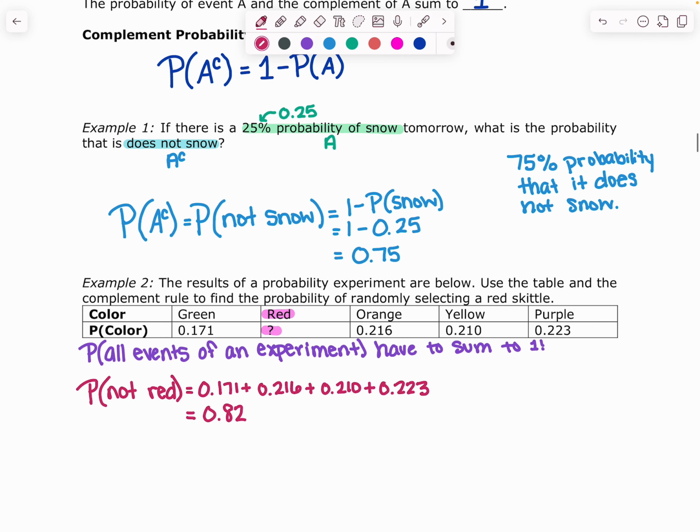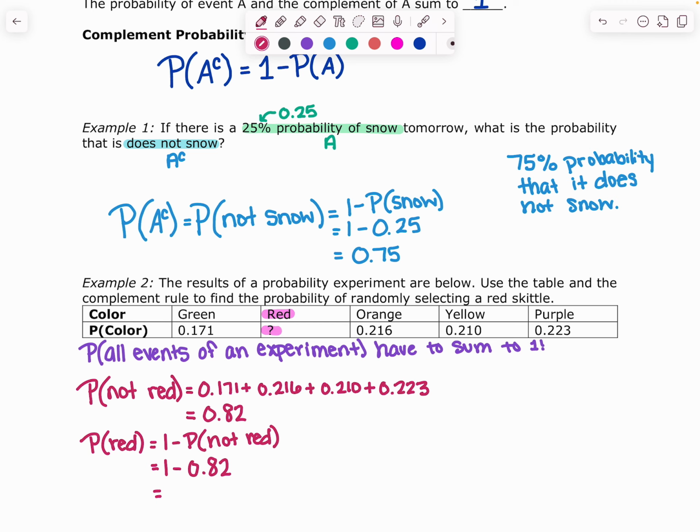And now I can use the complement rule to find the probability of selecting a red Skittle. And I can do that by taking 1 minus the probability that I get a Skittle that is not red, which I just found to be 0.82.